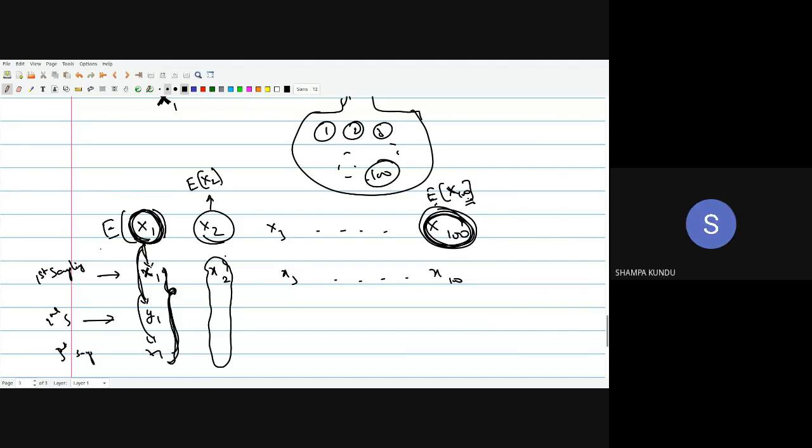Capital X1 is the set of all first sampling values, am I right or wrong? No. Capital X1 is a random variable that takes values equal to the first sample.